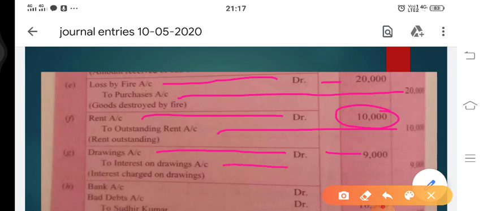You can even think from another point of view. Drawing has a debit balance, and whenever it is increased, because interest is charged on drawing, it has to be debited more. So drawing has to be debited, and interest on drawing being an income has to be credited here.